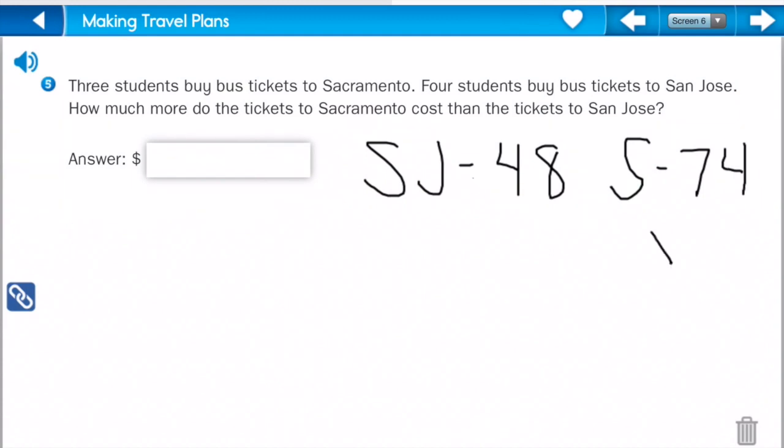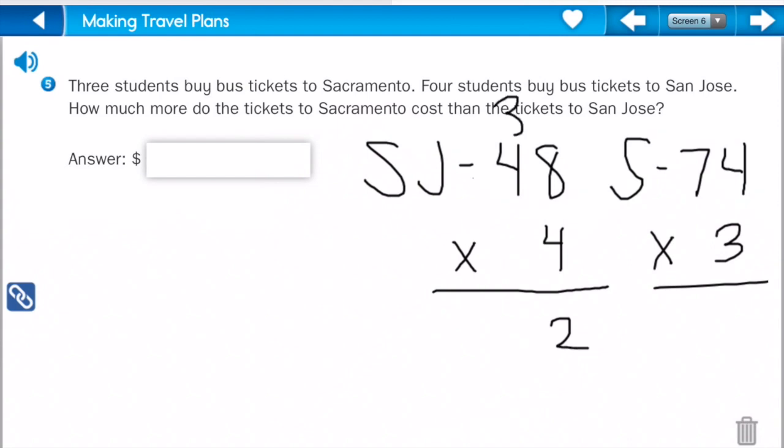So there's 3 students in Sacramento and 4. So 8 times 4 is 32. 4 times 4 is 16, 17, 18, 19. 4 times 3 is 12. 21.